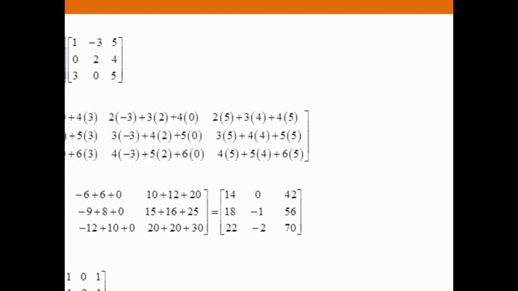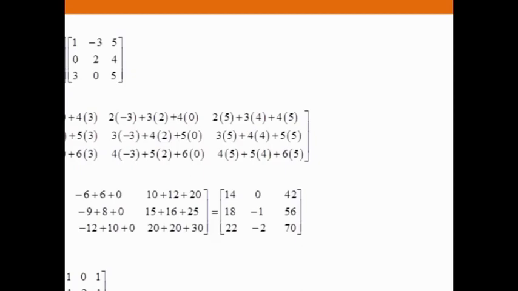After that, first row multiplies with the third column. So 2 into 5 plus 3 into 4 plus 4 into 5. After multiplying it is coming here 42. Now this is the first row.